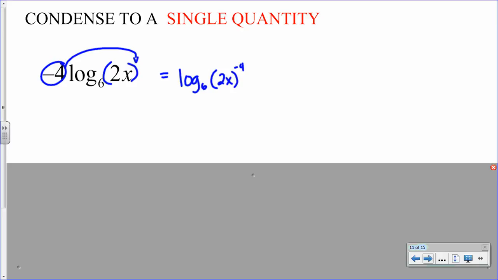All right, so that's the main point. This is the main thing I want you to draw from this problem, is that the numbers out front can be moved up to be exponents. Now, what I'm going to do now is just simplify, because that's what we should do. I don't want to leave a negative exponent. So a negative exponent means what?